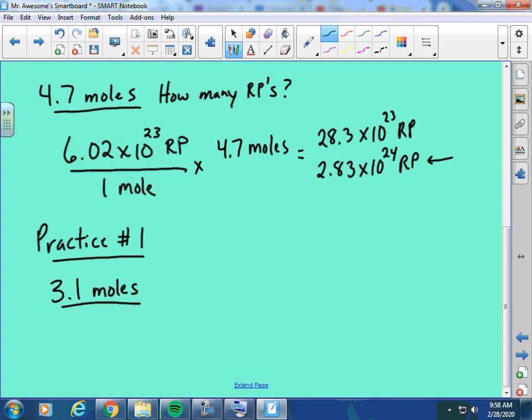And I want you to tell me how many, this time I'm not going to use RPs, I'm going to use the real deal. How many molecules would that mean? I'm going to pause the video here and give you a few minutes to try this. So 3.1 moles, how many molecules would that be?